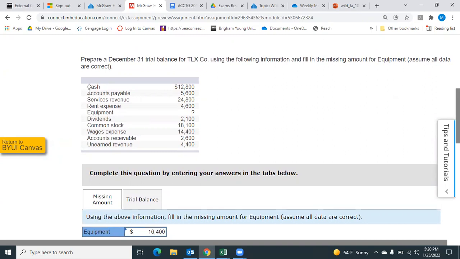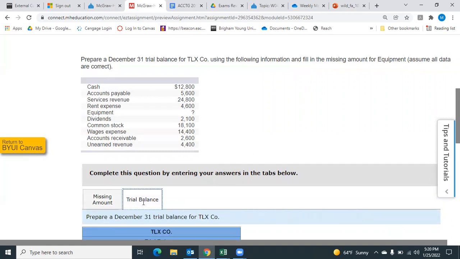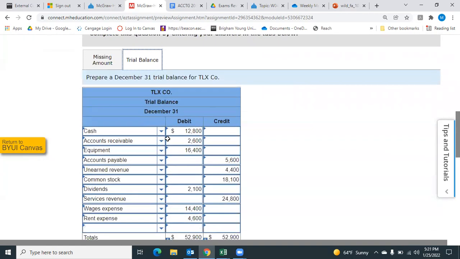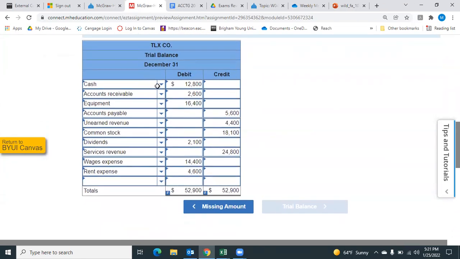I say cash is an asset, accounts payable is a liability, revenue is a revenue, expense is an expense, equipment is an asset, dividend is a dividend, and so forth. Then I'd create my trial balance with the exception of equipment, because I wouldn't know it yet.